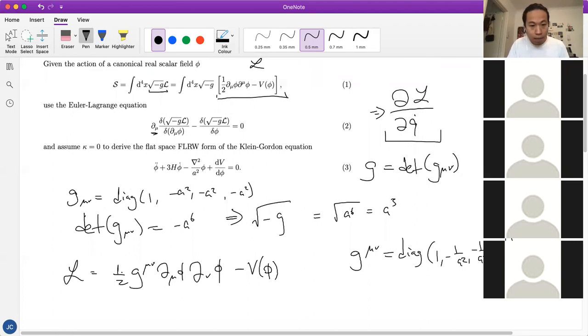Because you're summing over the indices in g mu nu, you can actually split them up into the time and spatial part explicitly. It makes it easier to see exactly what's going on.